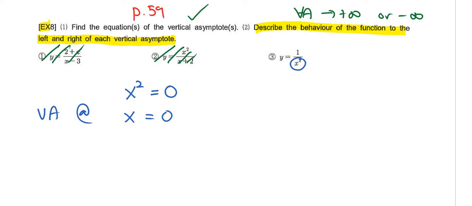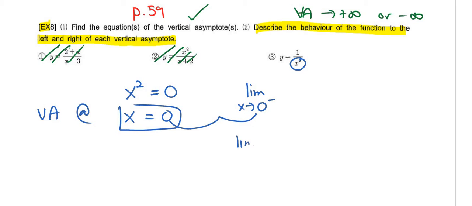And now we need to describe the left and right hand side of each vertical asymptote. So just like the previous problems, you want to find the limit as x approaches 0 from the left hand side, and the limit as x approaches 0 from the right hand side.